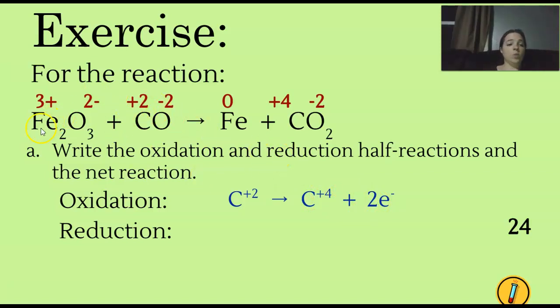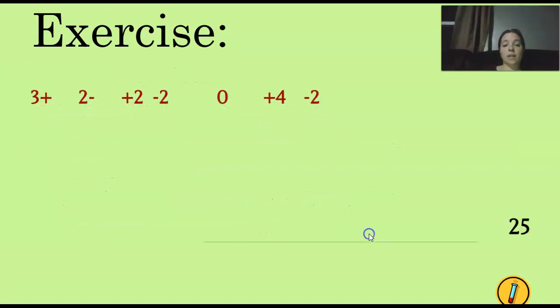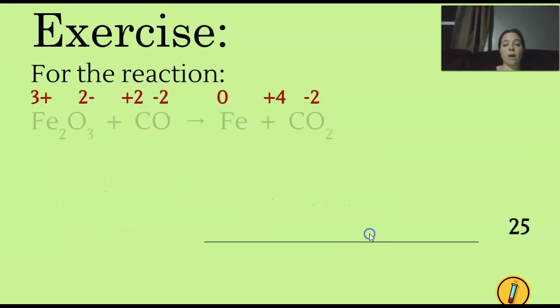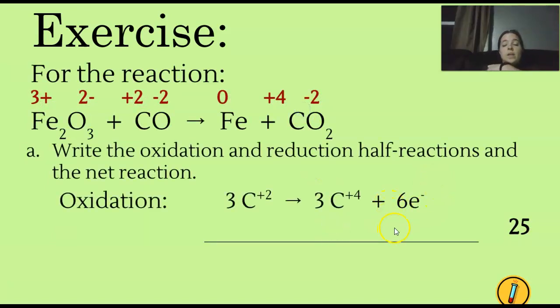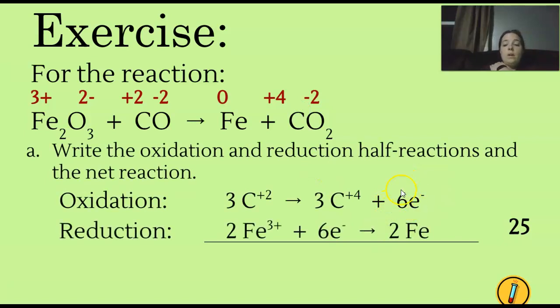What one gained? I went from 3+ to 0. So Fe3+ plus 3 electrons goes to Fe. Again, I've got to balance these out. I multiply this side by 3 and this side by 2, giving me 6 electrons on each side.